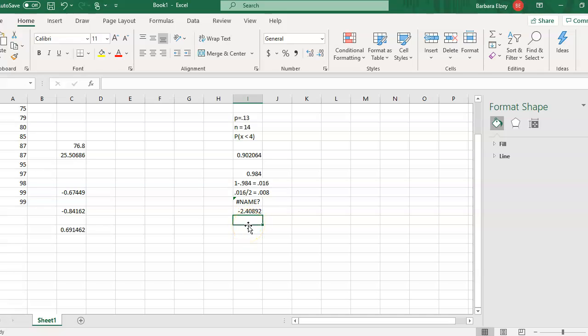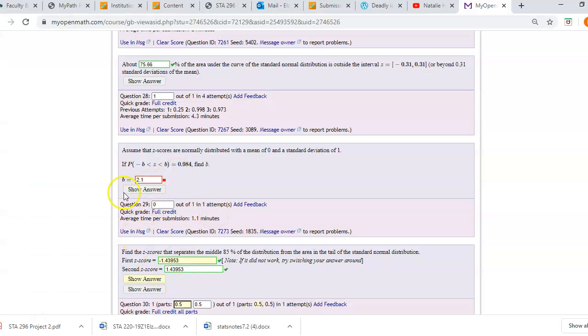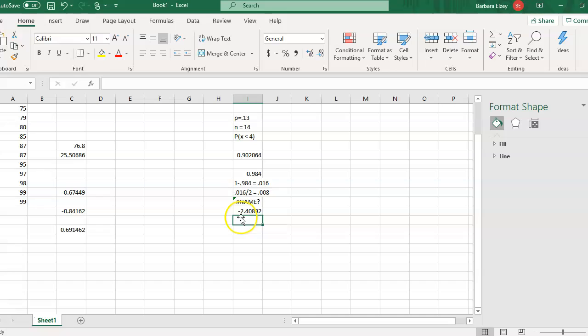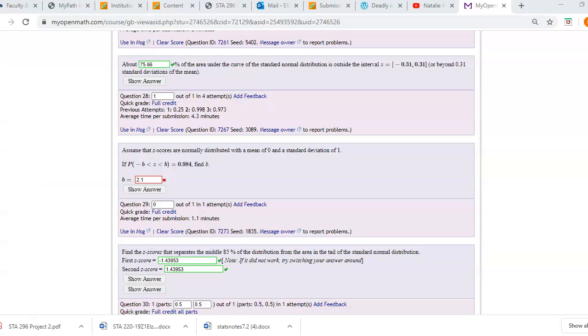That gives me a z value of negative 2.409. Now, it only wants you to do the positive one, so we would report 2.409 as a positive number, and it doesn't really tell you how many decimals to round to. But it looks like it took it all the way at 2.40892. But hopefully that will help you through these problems.